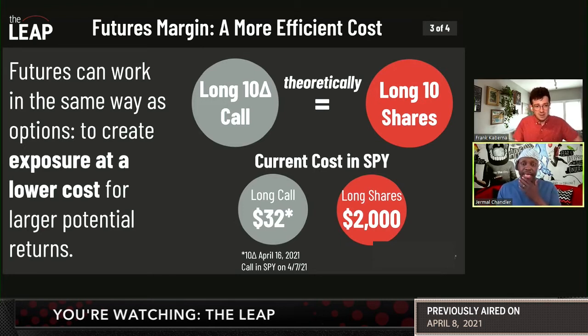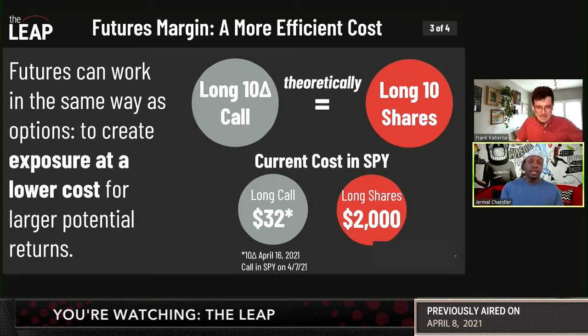Yeah, that's a whole lot easier to digest overall. You don't have to think about the decay factor, because like you said, and this is a great example, if you're going to buy a 10 delta call, first of all, that's pretty far out of the money, and your potential for profit is pretty low.